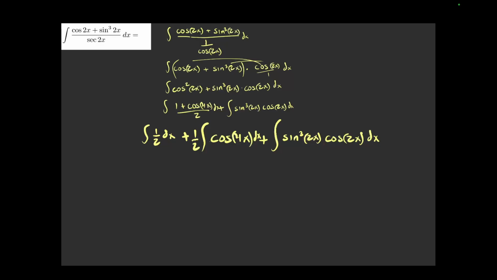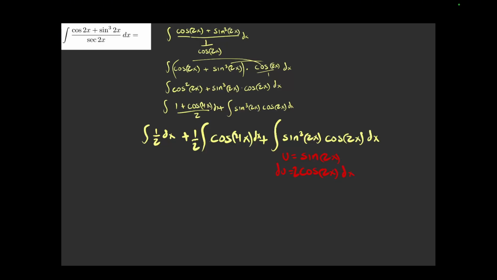So if we let u equals sine of 2x, du is going to be cosine of 2x times the derivative of the inside, which is 2. So we can put that 2 in the front: 2 cosine 2x dx.